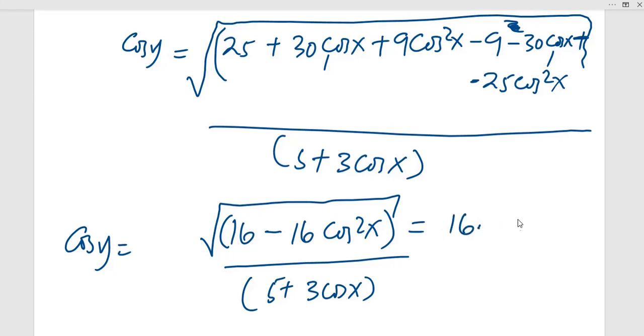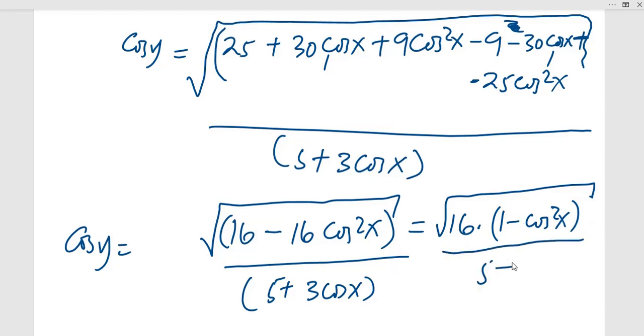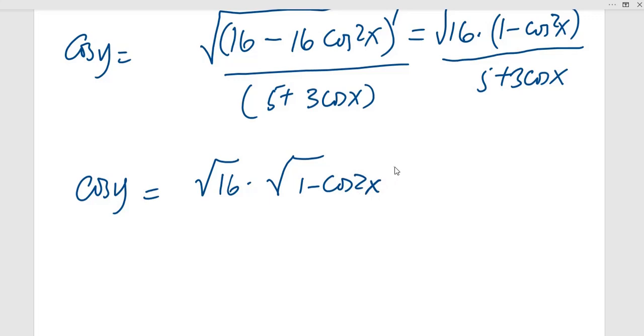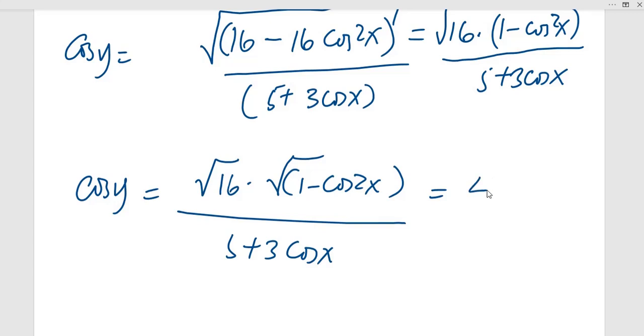This becomes 16 times 1 minus cos squared x, and this is root. So I can factorize out the 16 because it is common here, and also make this 1 minus cos squared x, so everything divided by 5 plus 3 cos x. So if I proceed, cos y will be root of 16 times root of 1 minus cos squared x divided by 5 plus 3 cos x. What will this be? This is 4 because square root of 16 is 4.